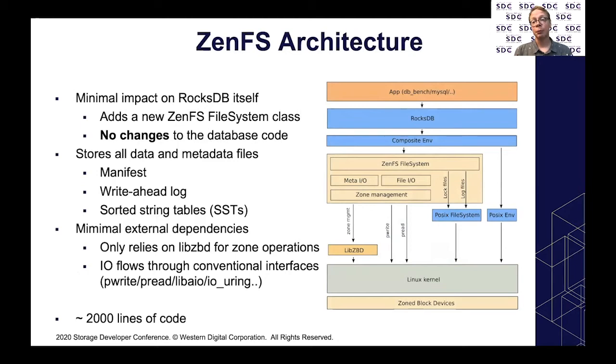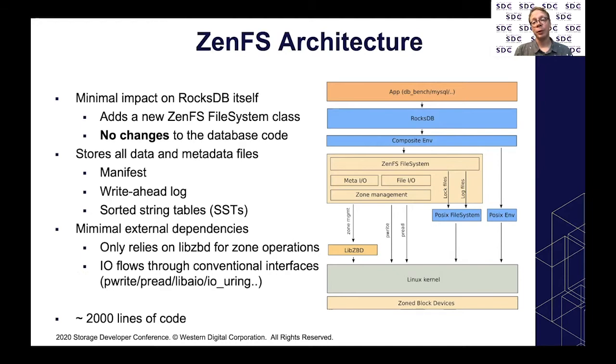And we have ZenFS hooking in using something called a composite env. So RocksDB has this concept of environments. And these environments, we could call it an OS abstraction layer. So there's a Windows environment, there's a POSIX environment that supports BSD and Linux and so on.